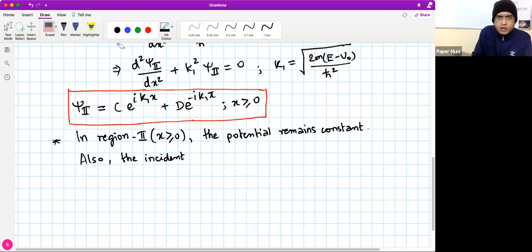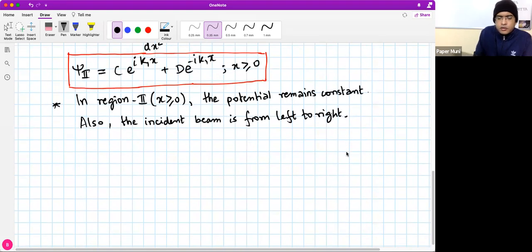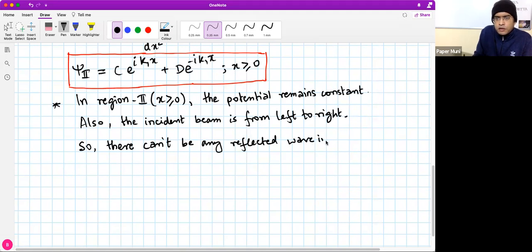So there can't be any reflected wave in this region.